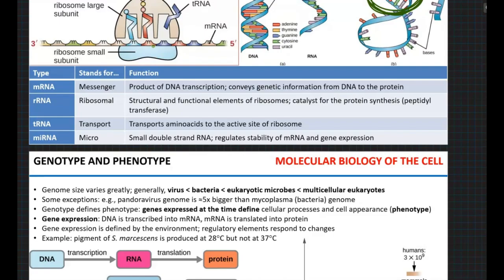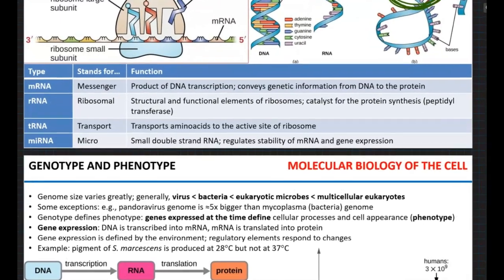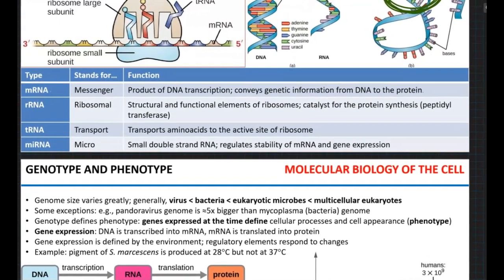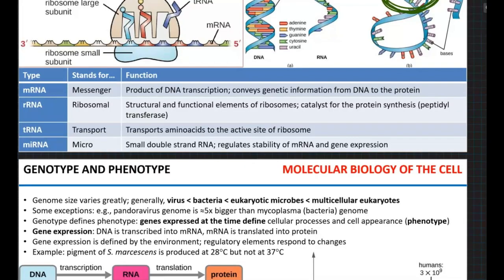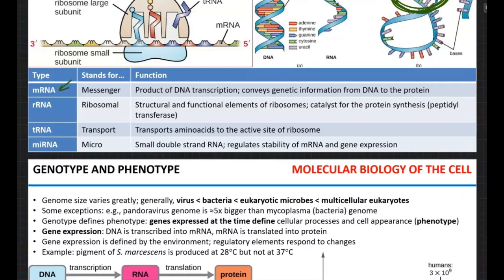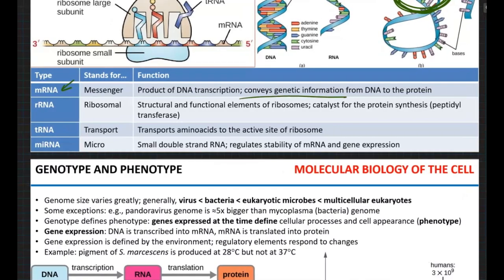Now there are 4 types of RNA. I want to emphasize this is not an exhaustive list. There are more different RNA types, but they're kind of very niche. So messenger RNA, which carries the genetic information. That's exactly what we were talking about when we were talking about the cookbook, right?